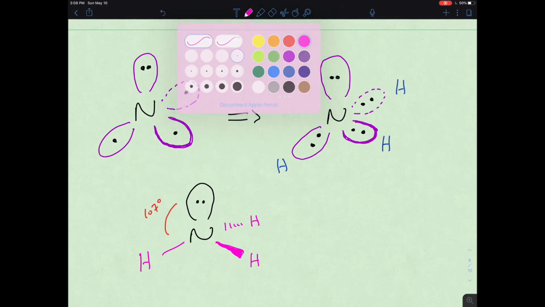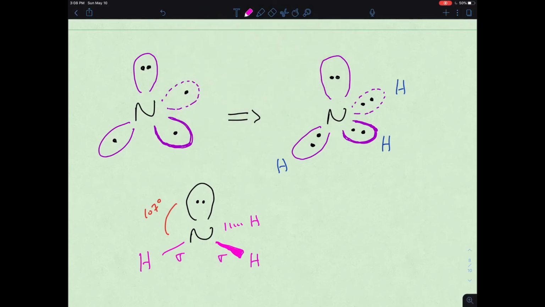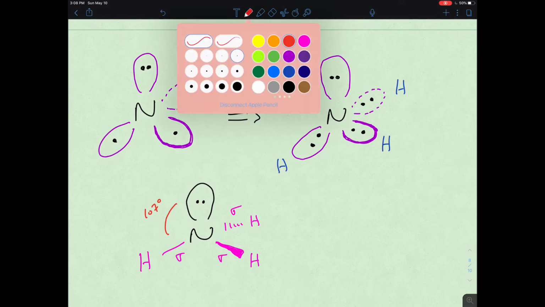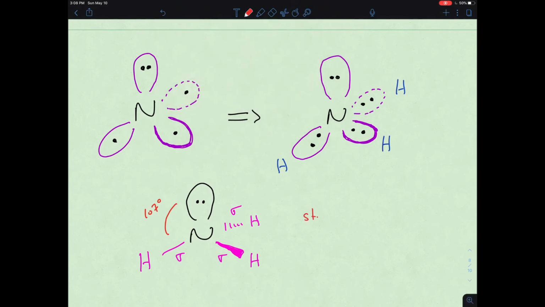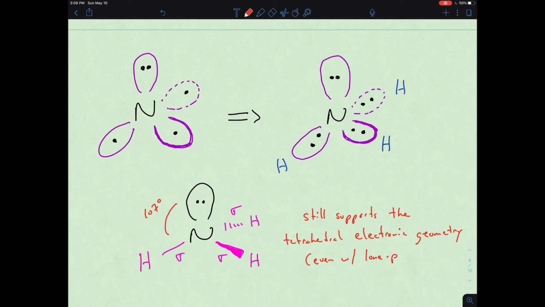And so we have our 3 sigma bonds, and this still supports the tetrahedral electronic geometry, even with a lone pair or pairs.